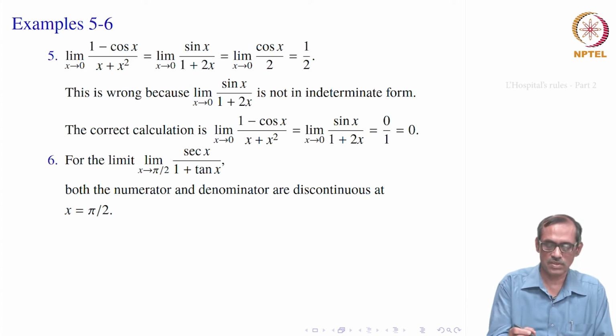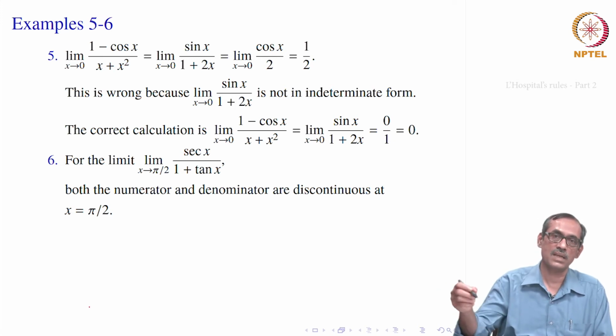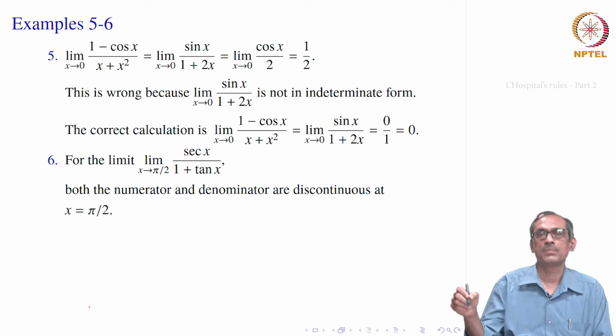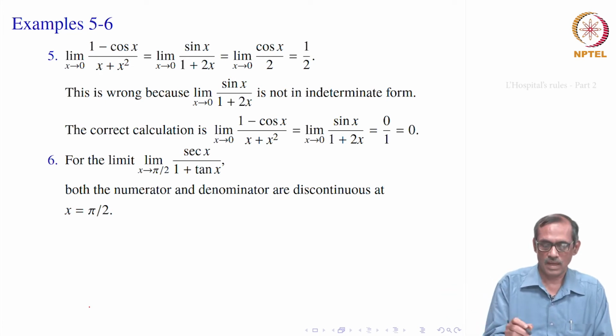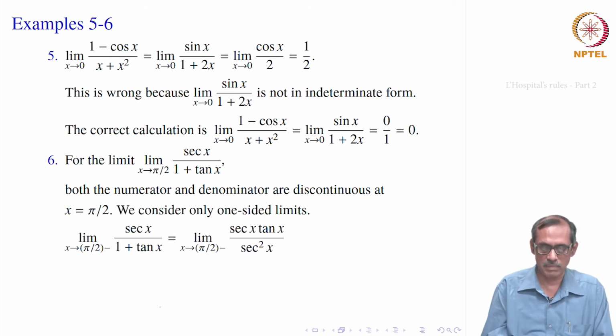Pi by 2 minus is easy to see, but we also have to see pi by 2 plus, from the other interval, that is from pi by 2 to pi by 2 plus delta, and on the left side we have pi by 2 minus delta to pi by 2. Both we have to consider separately, because it is not continuous there. So, let us take the one sided limits.